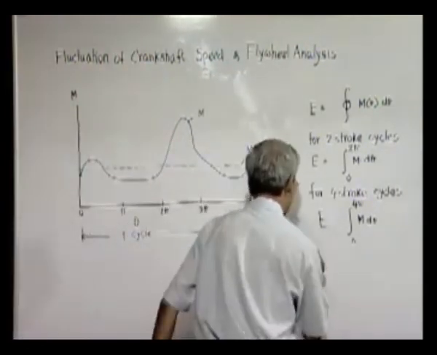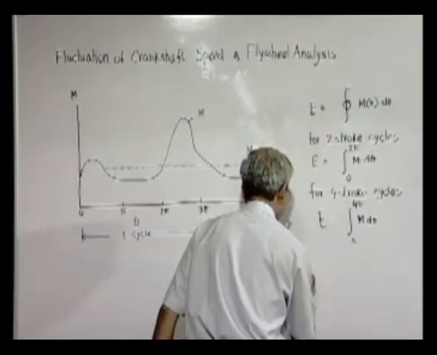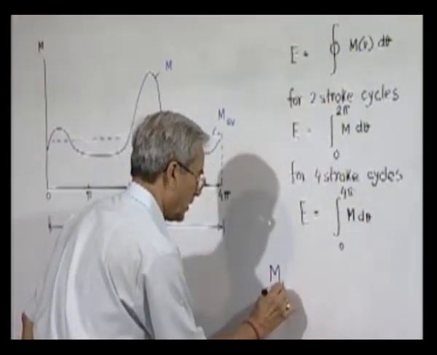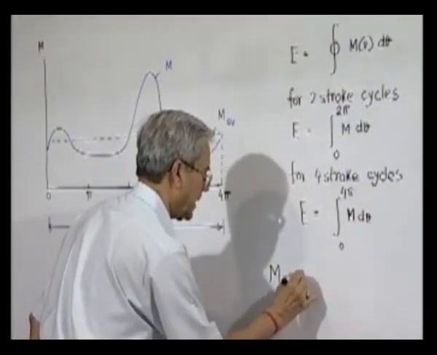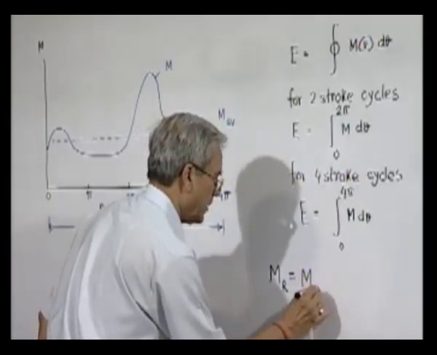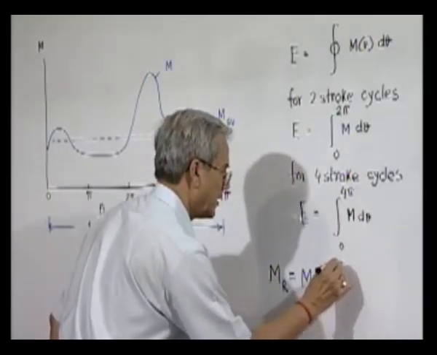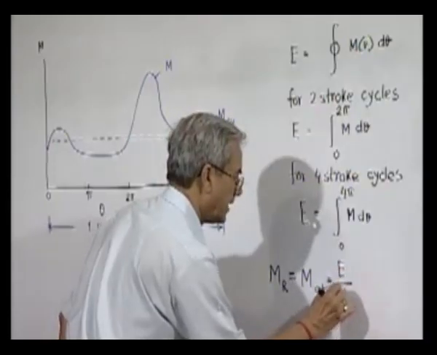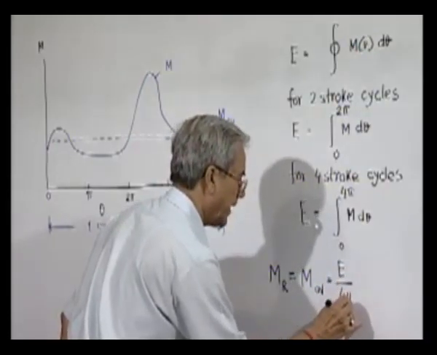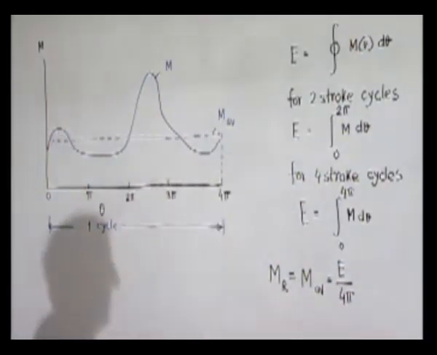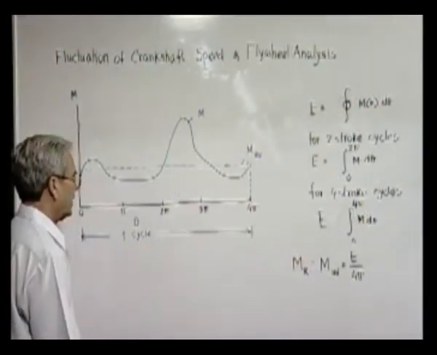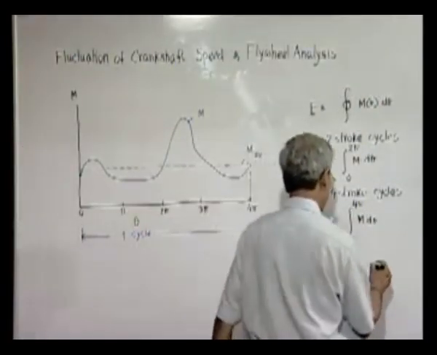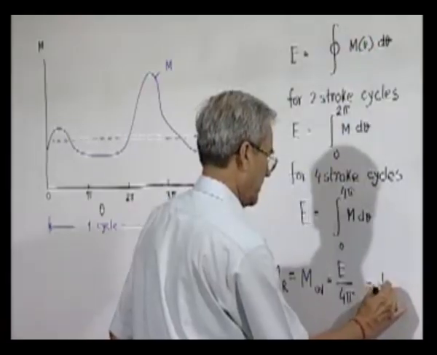So the load M is the same as M average, which is nothing but the energy produced per cycle divided by 4 pi in case of 4-stroke cycles, as shown here.